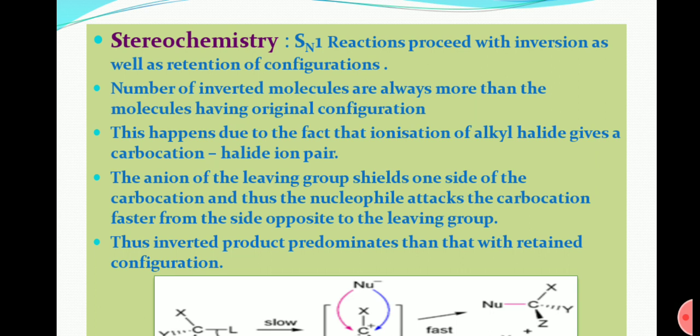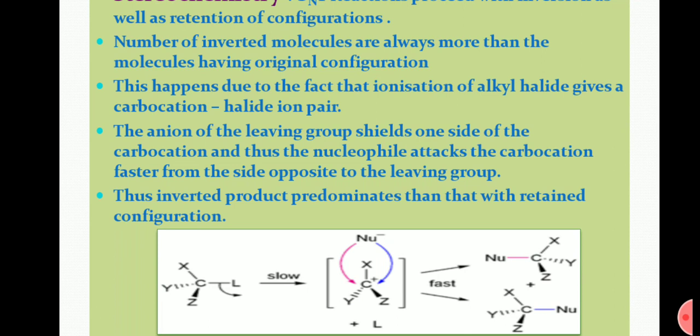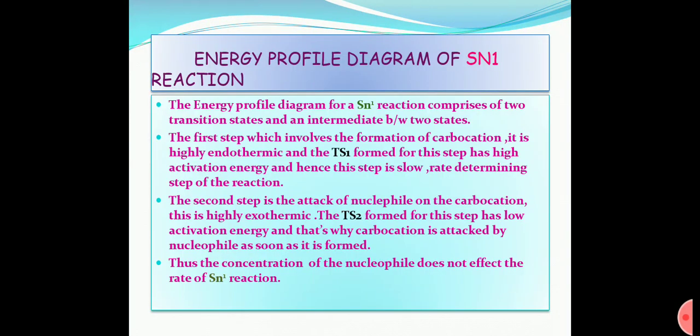This happens because the ionization of alkyl halide gives a carbonium ion halide ion pair, so the nucleophile attacks the carbonium ion from the side opposite to the leaving group, as the leaving group shields one side. That's why the inverted product predominates over the one with retained configuration. This is about the stereochemistry of SN1 reactions.